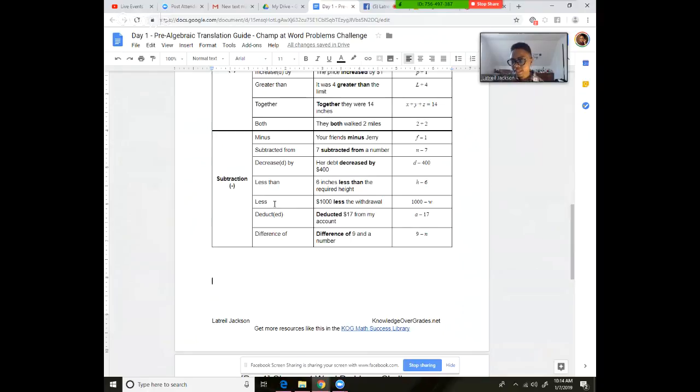Here's another one that's not really easily understood all the time, and we don't use it that much, but it comes up in language. And actually, I think I started seeing this word less when I got notices from the bank or from insurance or something like that. So it says $1,000 less the withdrawal. So same as decreased by.